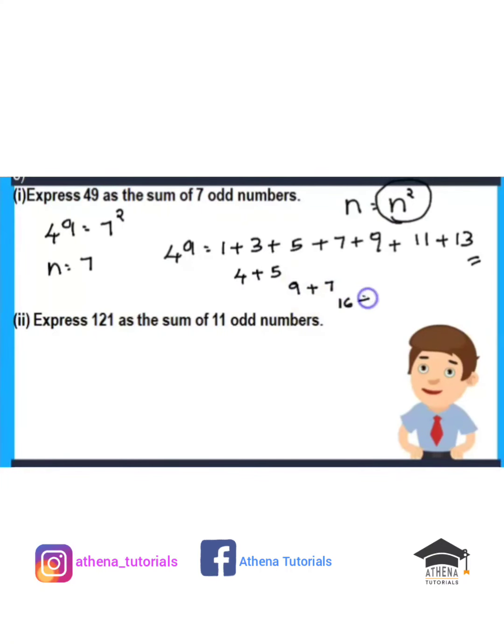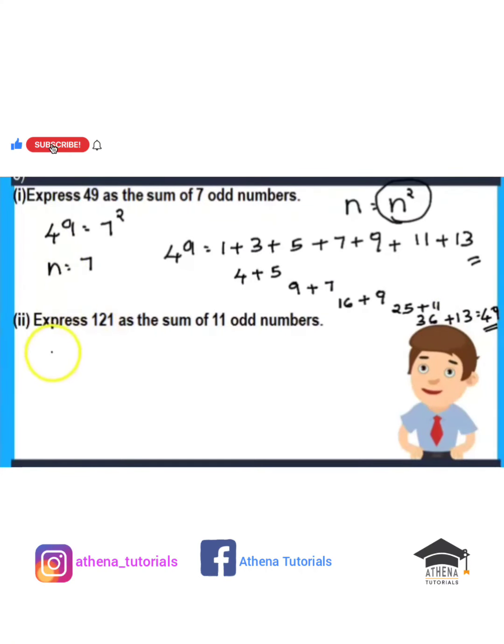So 16 plus 9, it will be 25. 25 plus 11, it will be 36. 36 plus 13 will be 49. We got the answer.